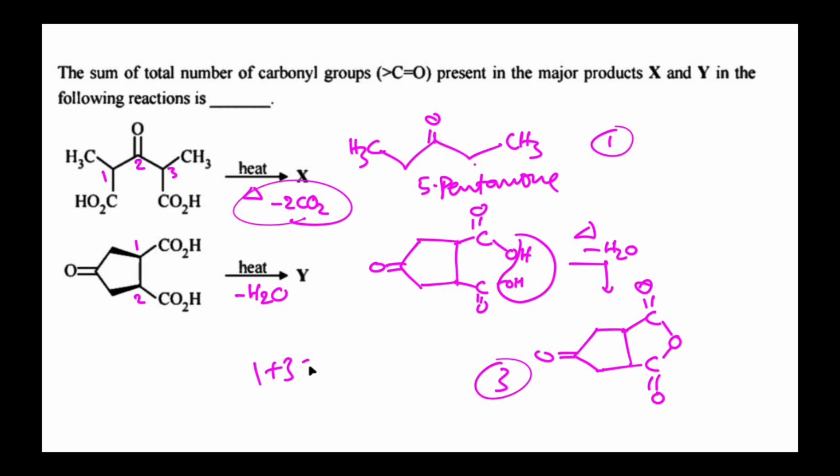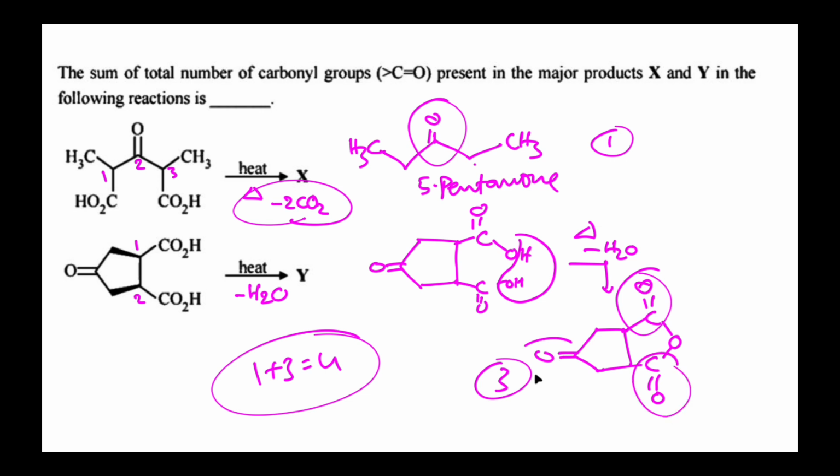Total 1 plus 3 is equal to 4 carbonyl groups present in the products X and Y.